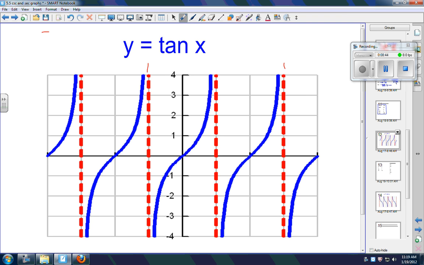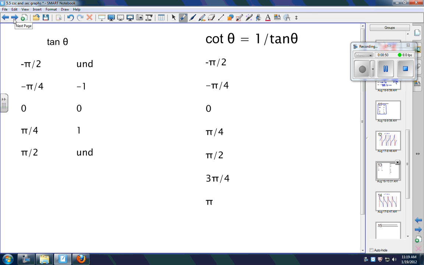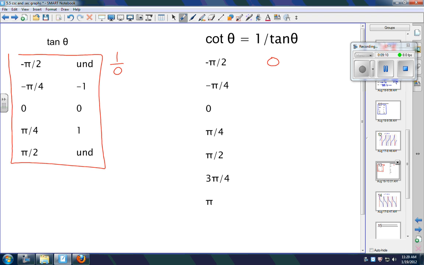Okay, once we have a tangent, all we got to do is reciprocals to get a cotangent. So if we use these for a tangent, we're going to use these over here for a cotangent. Okay, so if we reciprocal an undefined, well, an undefined used to be 1 over 0. So if we reciprocal that, this is now going to be a 0.